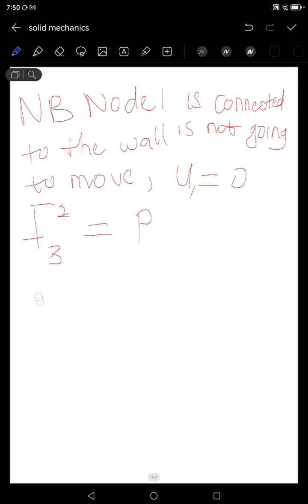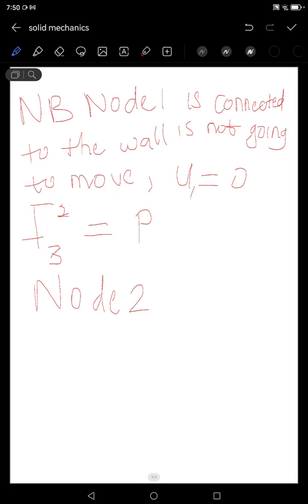So at node 2 we have two forces, and the sum of these two forces is going to be 0, because there's no external force being applied.